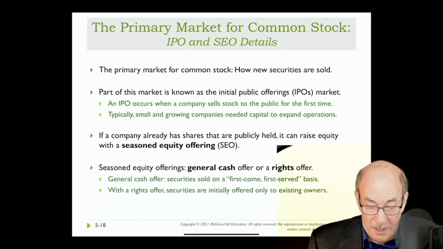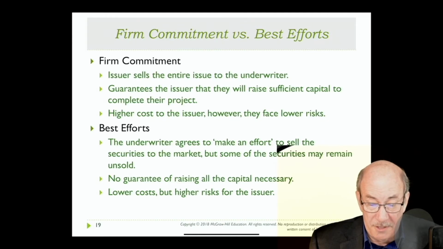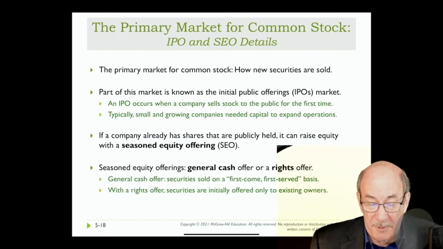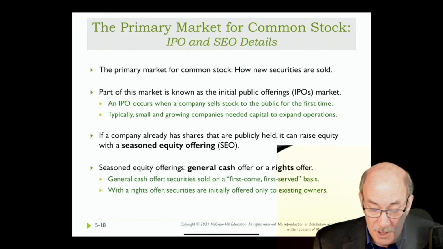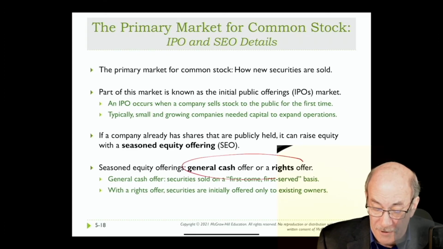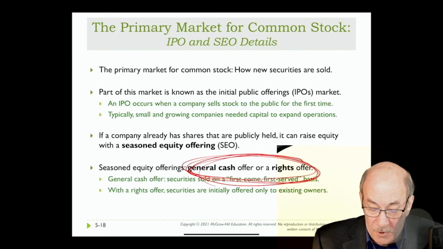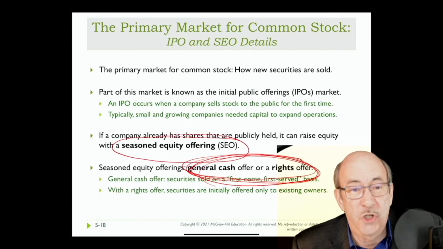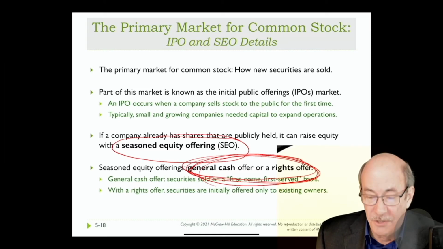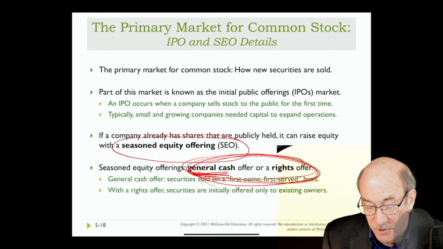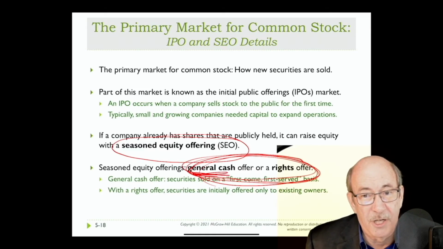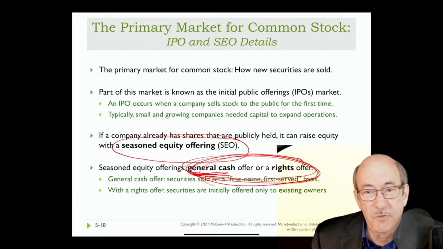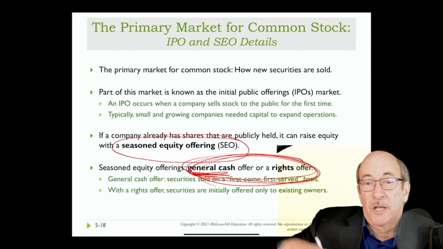All right. I think I've talked about all of this stuff on this slide about IPOs and SEOs. Oh, one thing I haven't mentioned yet. When we do a seasoned equity offering, we have two types of offerings. One is just a general cash offering, and that goes to the entire public.